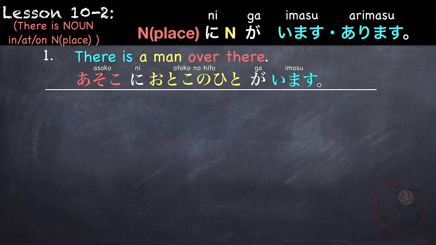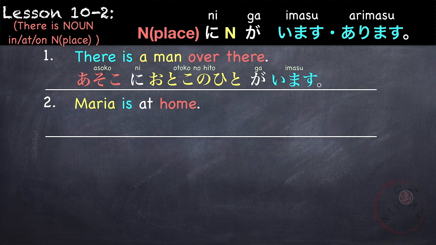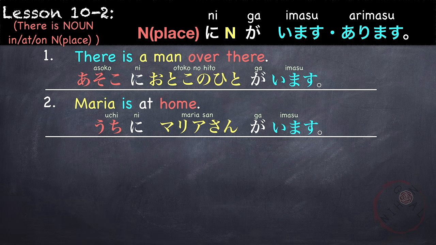Asoko ni otoko no hito ga imasu. Maria is at home. At home, or home, is uchi, followed by ni, and then our noun, which is Maria or Maria-san. Ga imasu. Uchi ni Maria-san ga imasu.